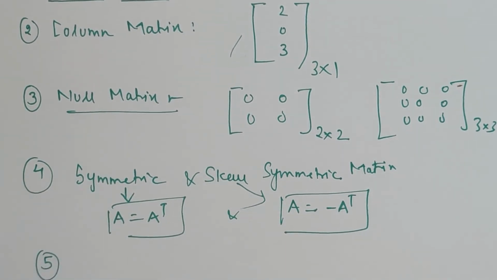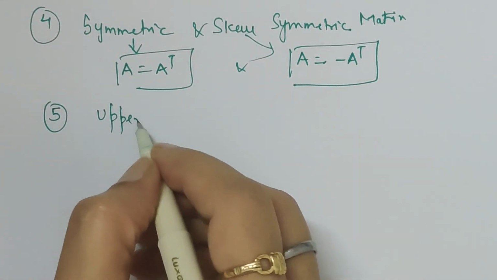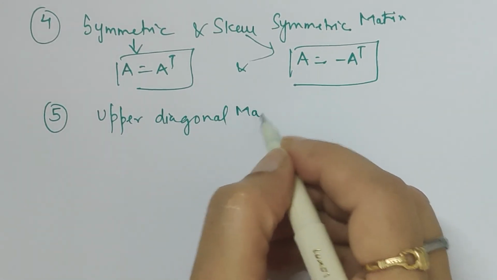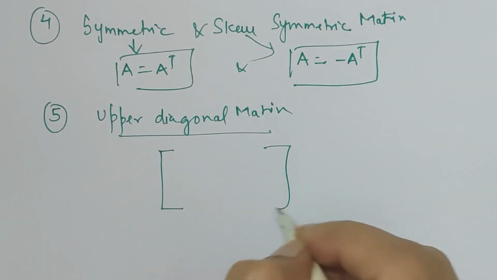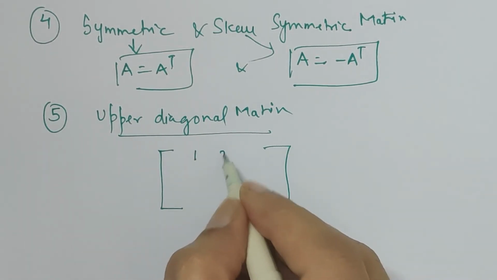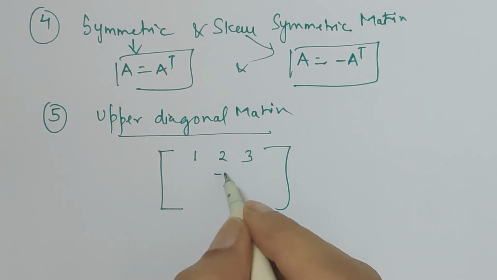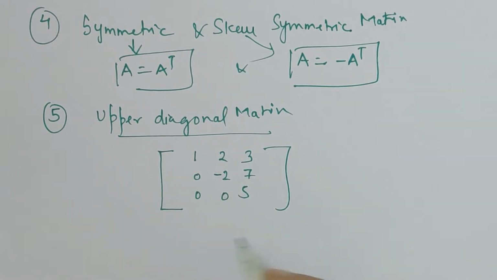Then we have upper diagonal matrix. Upper diagonal matrix, what does it mean? It means that a matrix that has all its elements present above the principal diagonal and the below elements are 0.